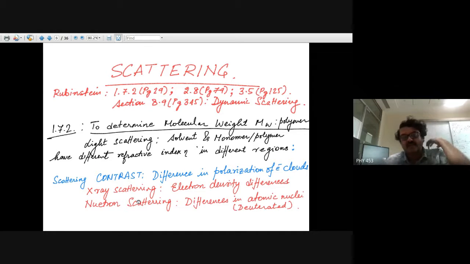So I shall pretend it's all light scattering, meaning visible light scattering. Of course, X-rays are also electromagnetic waves, so in that sense it is light. But the prefactors in the scattering intensity are going to be different for visible light, where scattering is due to polarization, and for X-ray scattering and so on. So please be aware of it. I'm just telling you right at the beginning.